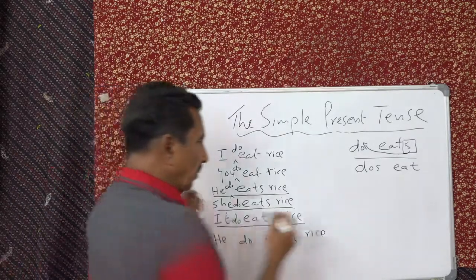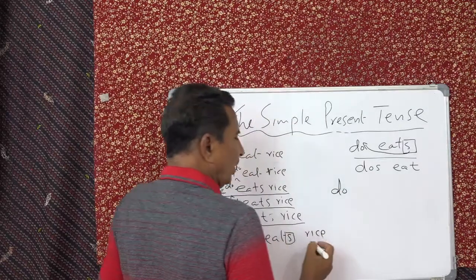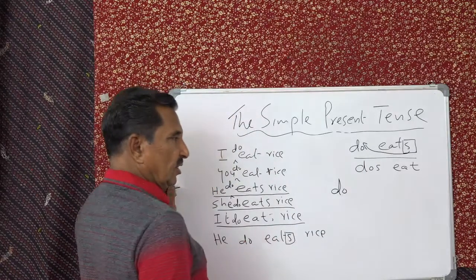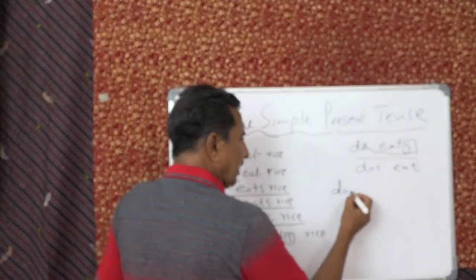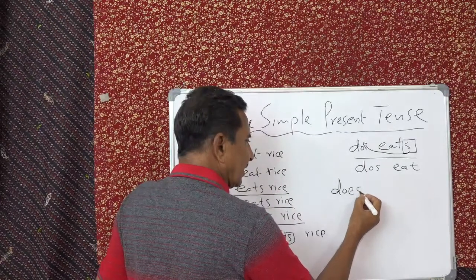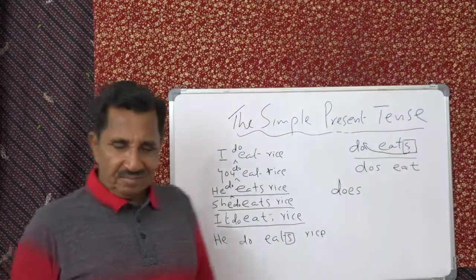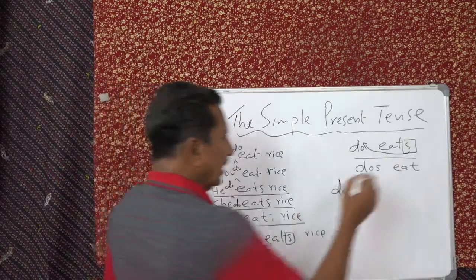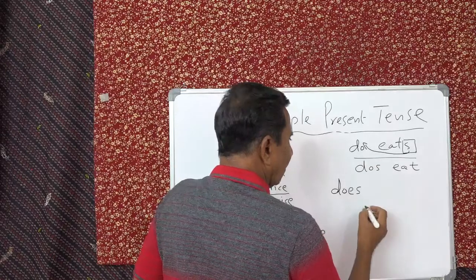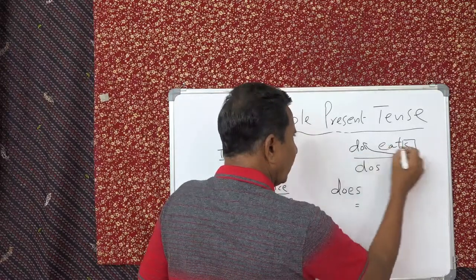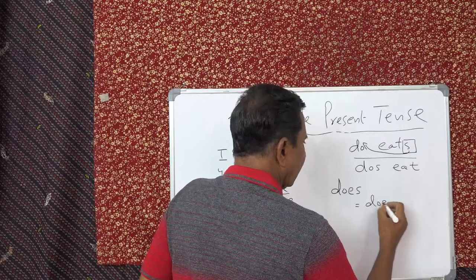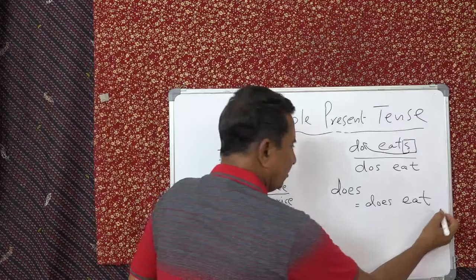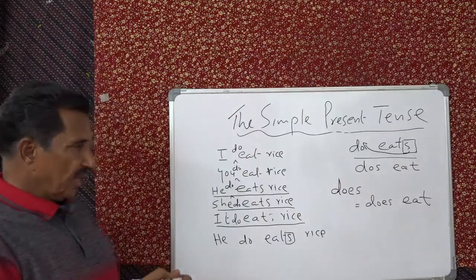Here, do, D-O. You cannot write dos. So you will write does. Thus, do eats will become does eats. The S has been taken from here. Does eat.